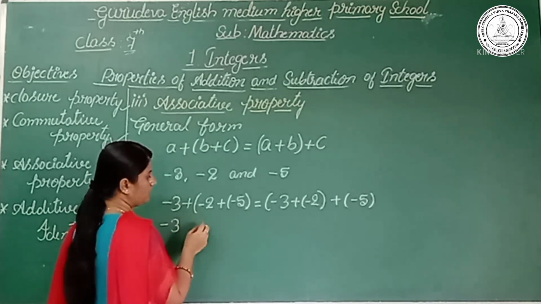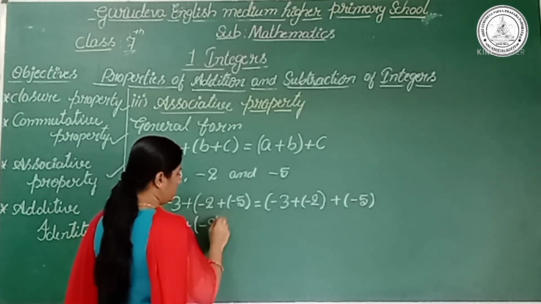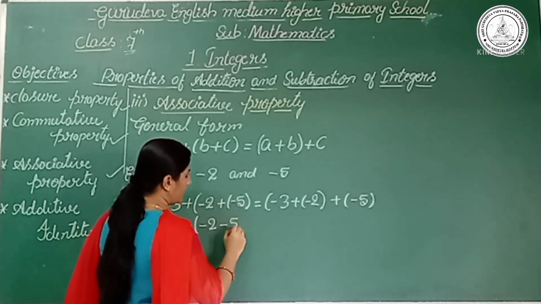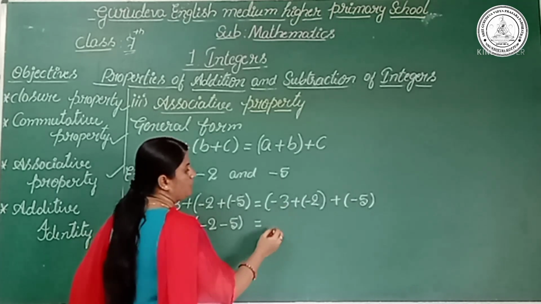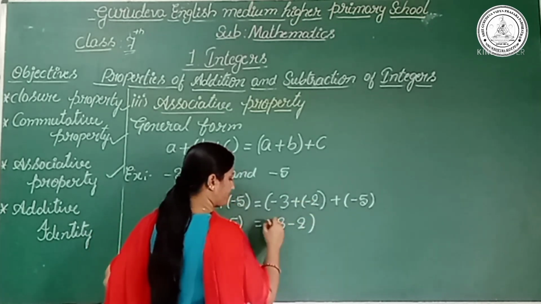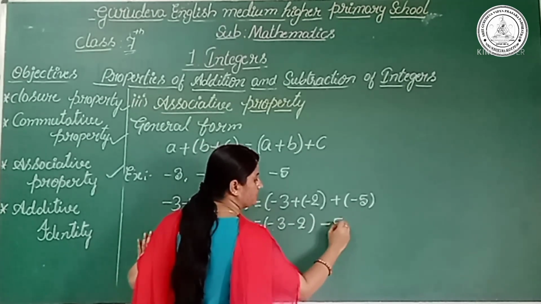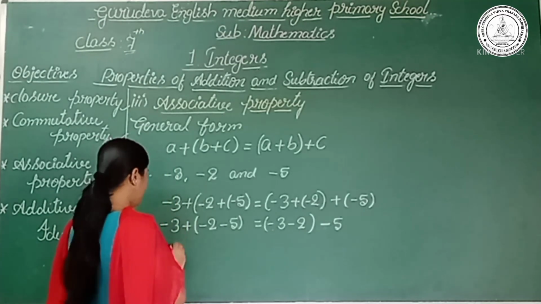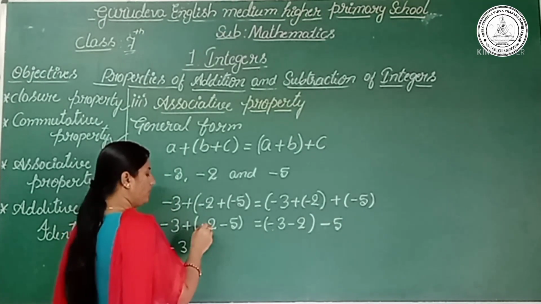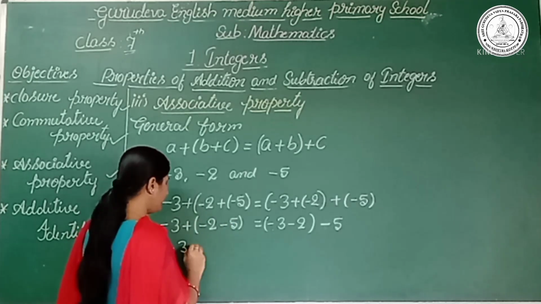Then minus 2 plus minus 5 is minus 7, which is equals to minus 3 plus minus 7, which is minus 10.